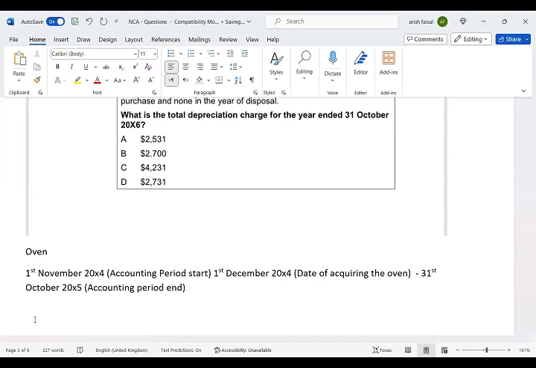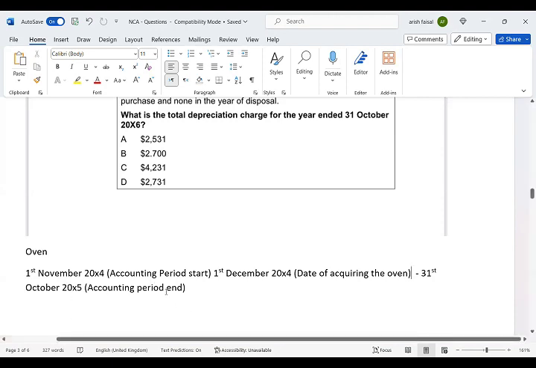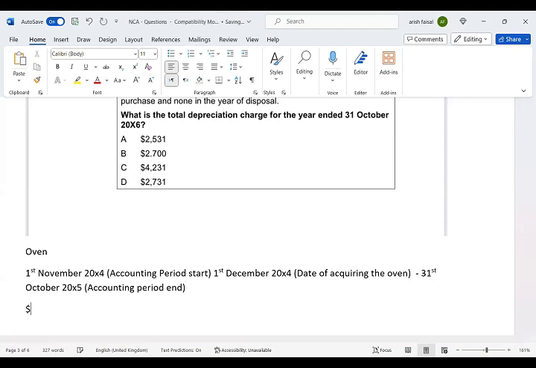So you see that it's not for one full year. It was owned for only 11 months in the first year, till 31st October 2015. As the cost of the asset is 2,000, I'm going to charge a depreciation of 10% straight line.